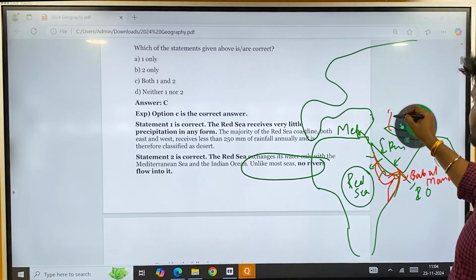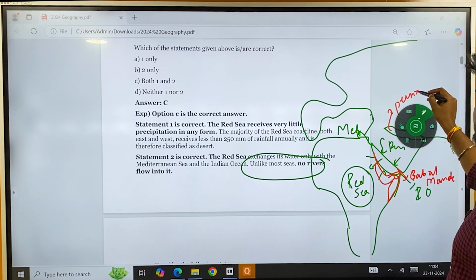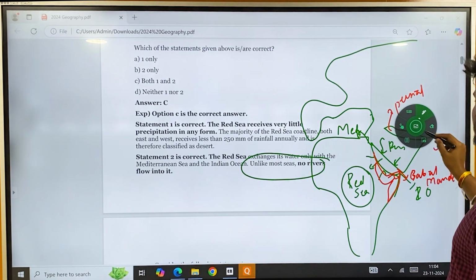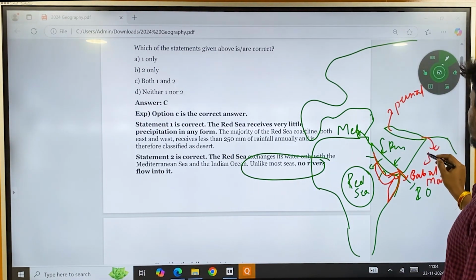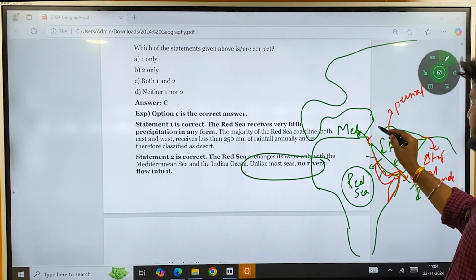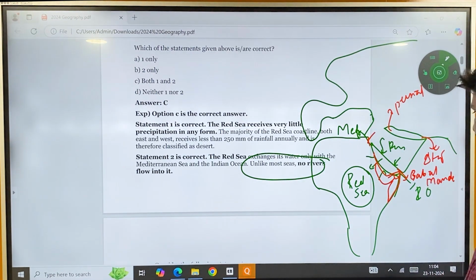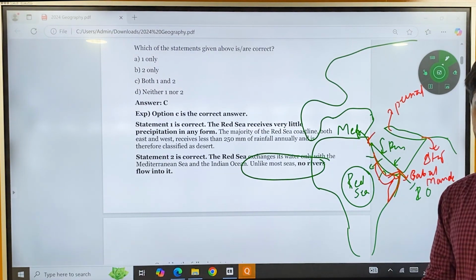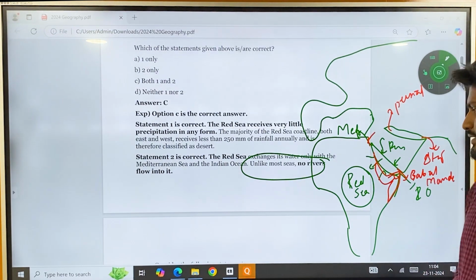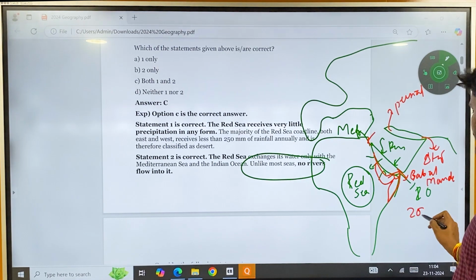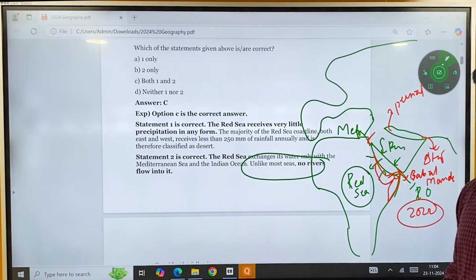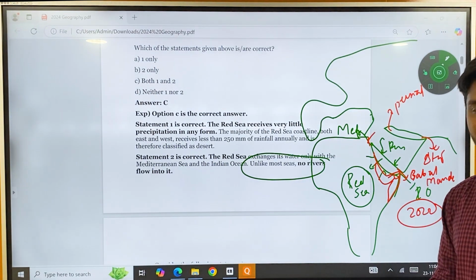Here it is Persian Gulf, and this is Strait of Hormuz, and here is Suez Canal. These passes are very important from the UPSC perspective, and most of the time they are asked indirectly in the mains also. Recently, in the 2022 mains, there were questions about the importance of straits and isthmus. What is the geographical importance of these things?